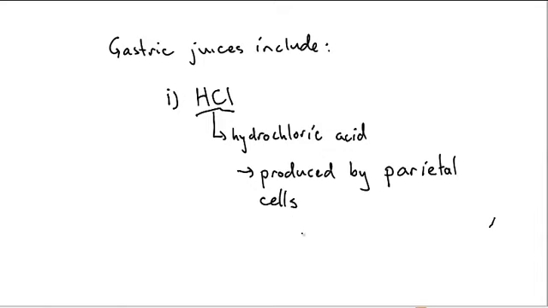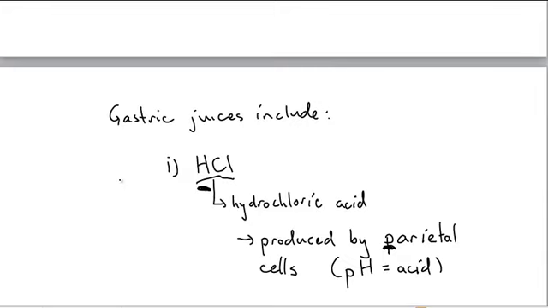The way I remember parietal cells with HCl is you get your P for your parietal and your H for HCl, giving you your acid. Okay, so the P here goes with the H up here, pH. So your parietal cells produce your HCl.